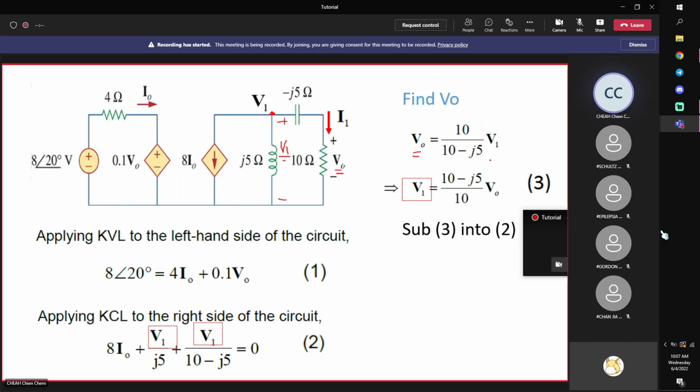As I said many times, even if you cannot remember the voltage division law, or you cannot visualize it, then use Ohm's law. Ohm's law says that you find the current flowing through the resistor, which is I1. Then you multiply by 10, so I1 times 10 is your V0.